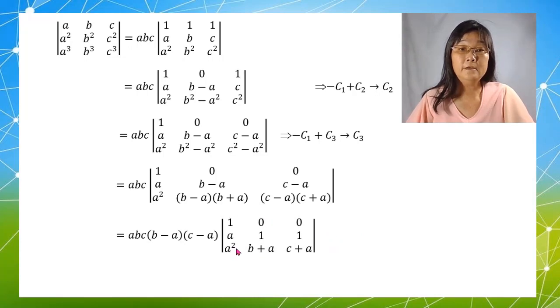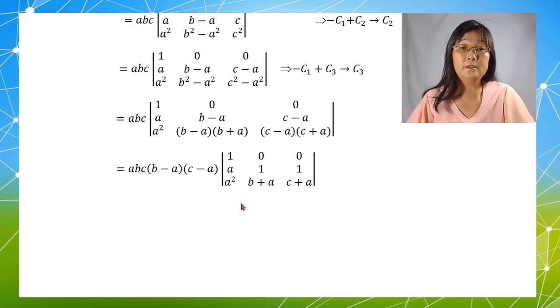Now after this, I need to double confirm that there is no common factor from any rows or any column. Now I'm going to find the value of this determinant by using the method of finding the determinant.